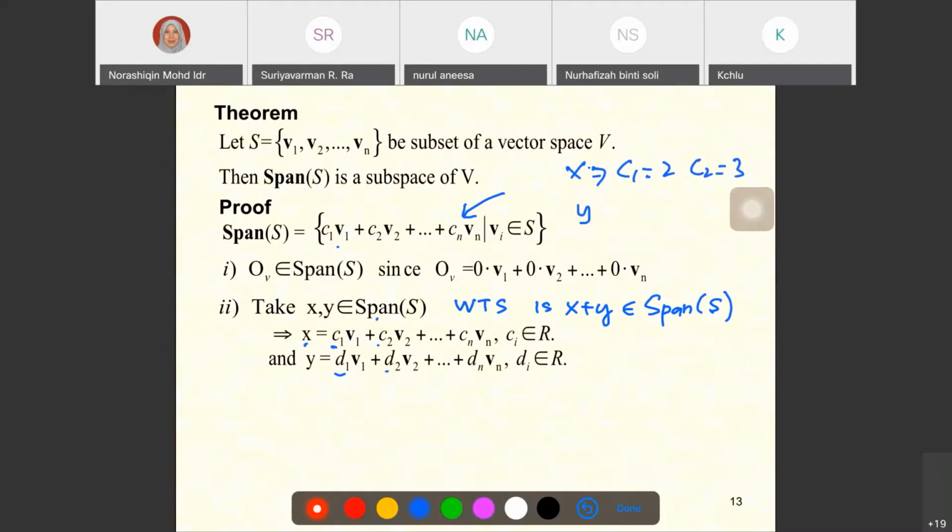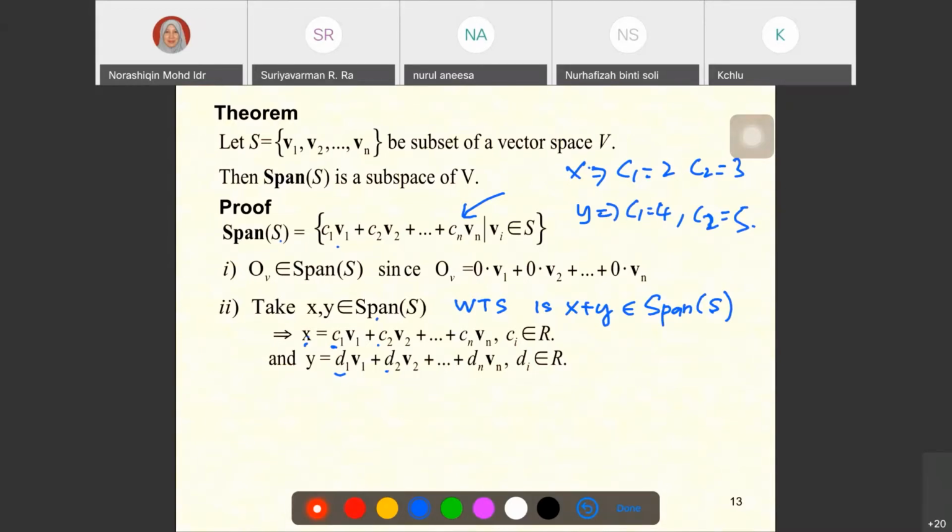For Y, maybe C1 equals 4, C2 equals 5. So we cannot put the same C's. X is a linear combination of those V's, Y is a linear combination of those V's, so both are elements of span of S.